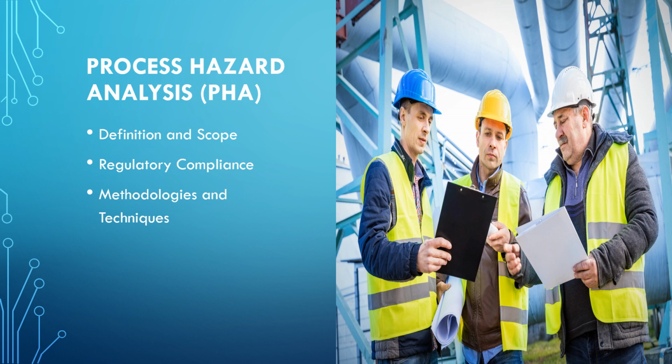Now, process hazard analysis is a systematic and comprehensive approach employed in various industries to identify, evaluate, and mitigate potential hazards associated with industrial processes. The primary objective of process hazard analysis is to enhance safety, prevent accidents, and protect both human lives and the environment.